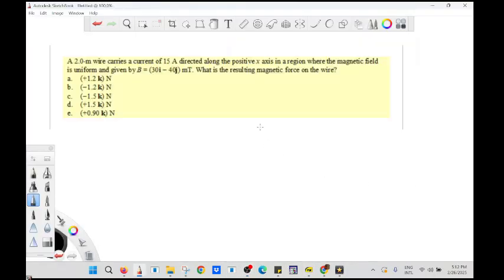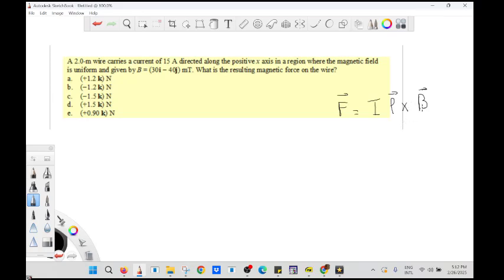Okay, so almost done. This one is just to see if you know how to apply the cross product. If you place a current-carrying wire inside a magnetic field, there is a magnetic force. By definition, it's going to be this equation here, I L cross B. That means if the magnetic field is parallel to the current, or parallel to the wire, there is no force.